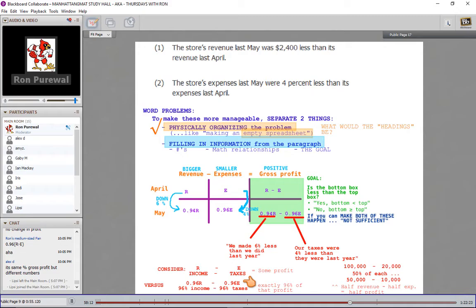So if you look at this, R minus E is greater than 0.96 R minus 0.96 E, which in turn is greater than that other thing. Here's the thing greater than something. That's greater than that.